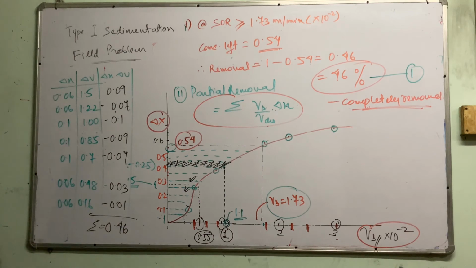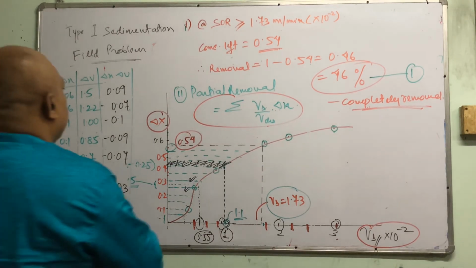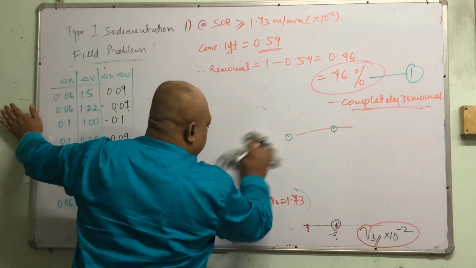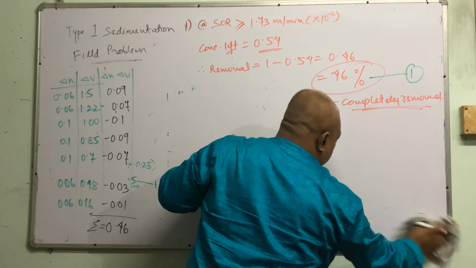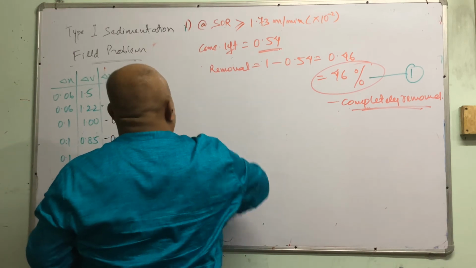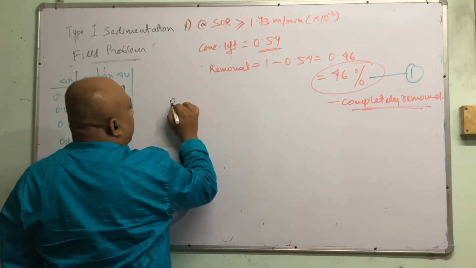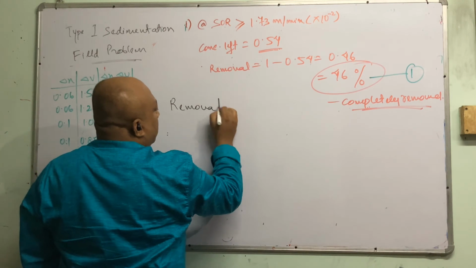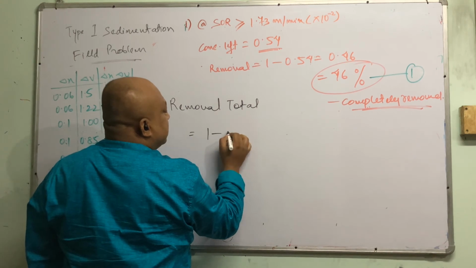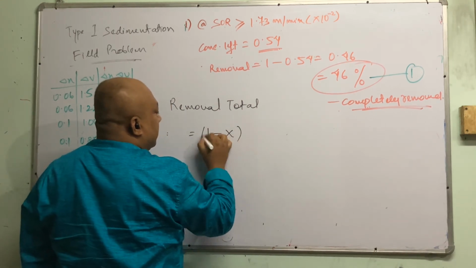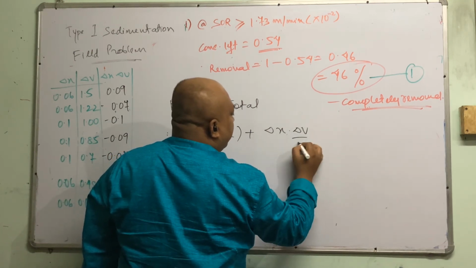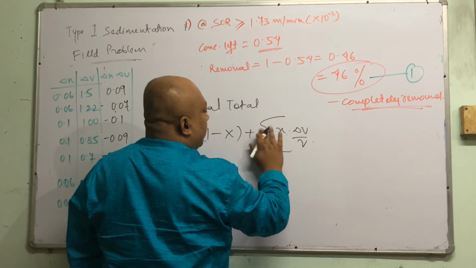Now from this, the final calculation is: removal total is equal to, we said, 1 minus x, as per the textbook, plus the summation of del x del v by v.